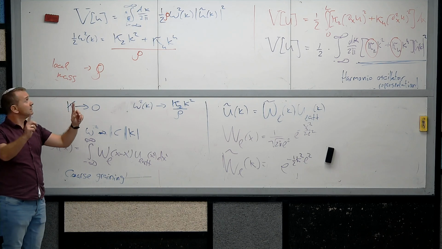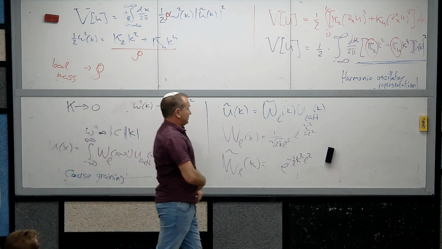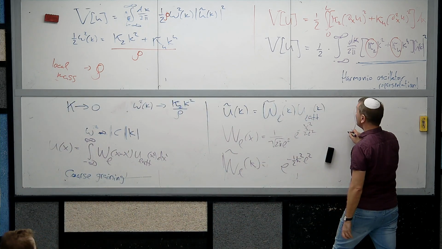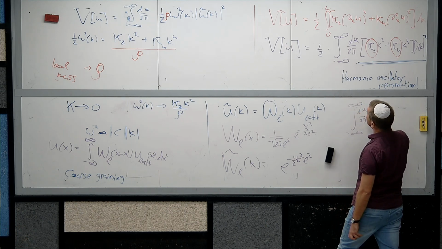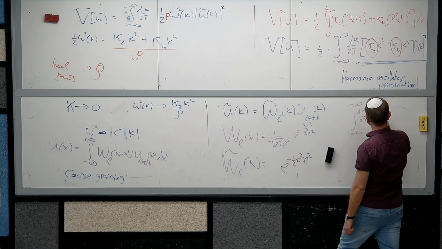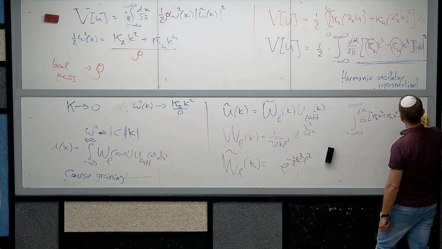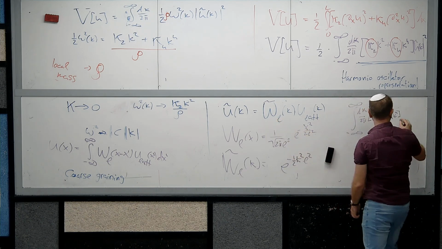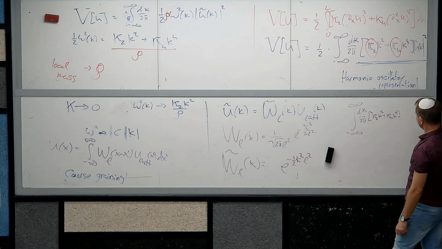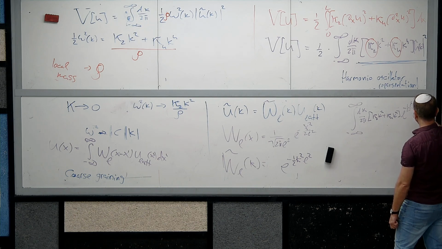So think about this integral: I have an integral from minus infinity to infinity dk divided by 2 pi, kappa 2 k squared plus kappa 4 k to the 4th, and instead of u tilde of k, I'm writing w, e to the power minus 1/2 L squared k squared, times u lattice of k tilde.